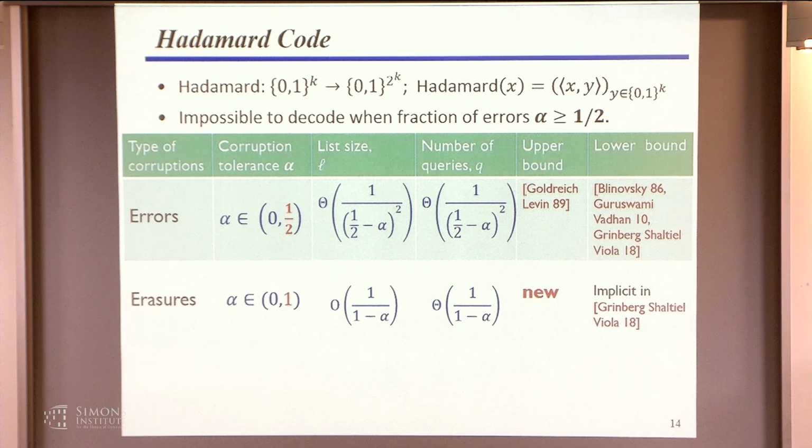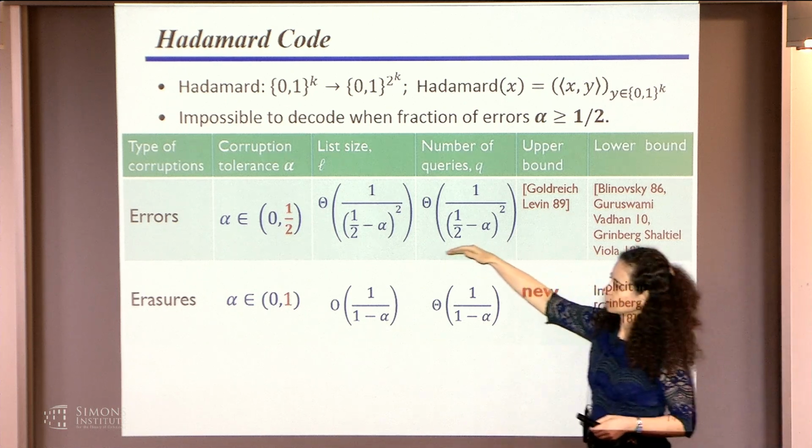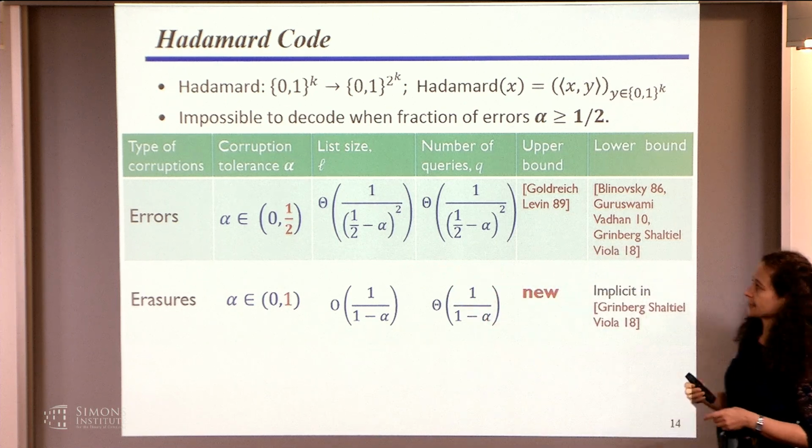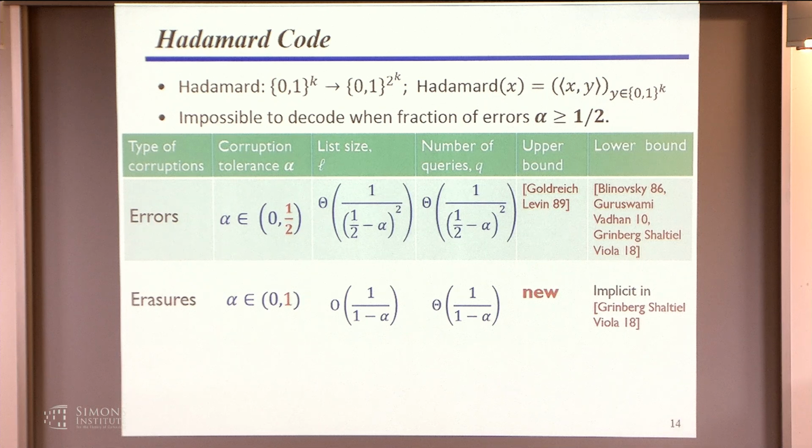And it turns out that both of these are tight, so you cannot go below this in terms of list size or number of queries.